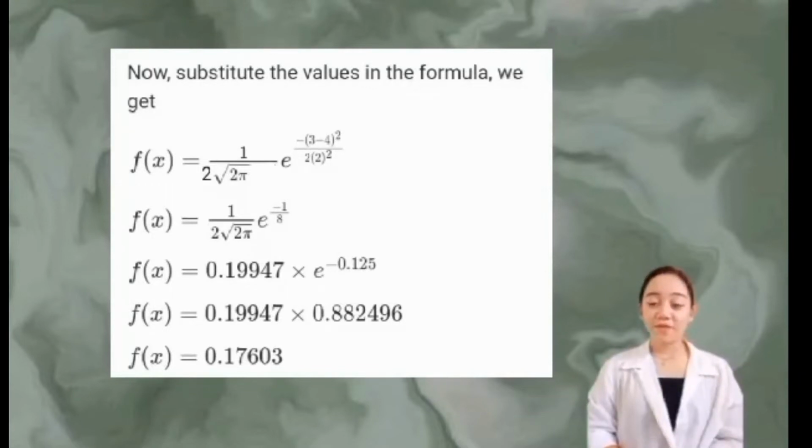So here we have come up with 1 over 2 times the square root of 2 pi. So if you're wondering, ma'am, where did the 2 come from?